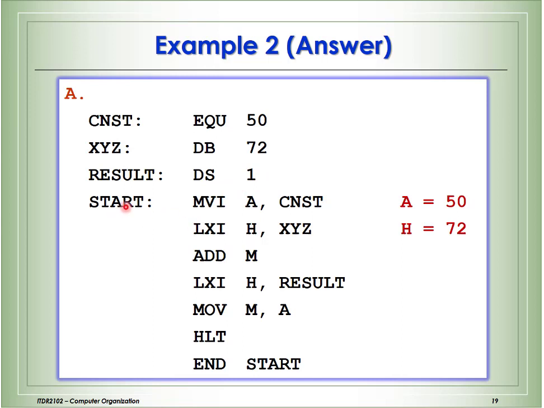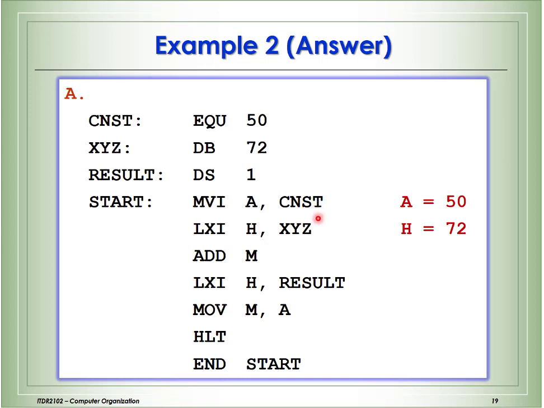Now here the program starts, and you see here the move immediate of the constant value, which is 50. In this operation, the constant is basically considered just 50. So the value 50 will be considered throughout the program. Whenever they use this constant, it means 50.